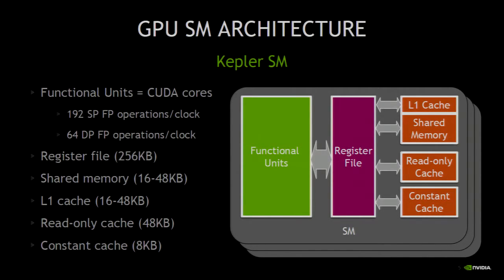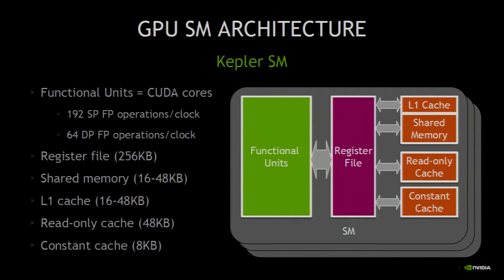On Kepler, we have about 192 CUDA cores, which means you can do about 192 single precision floating point operations per clock. If you account for around 15 of these SMs, we get more than 4 teraflops peak single precision performance.